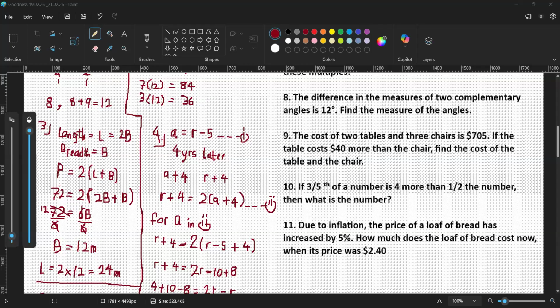But we need to understand this question properly because it now looks like they're saying something different.